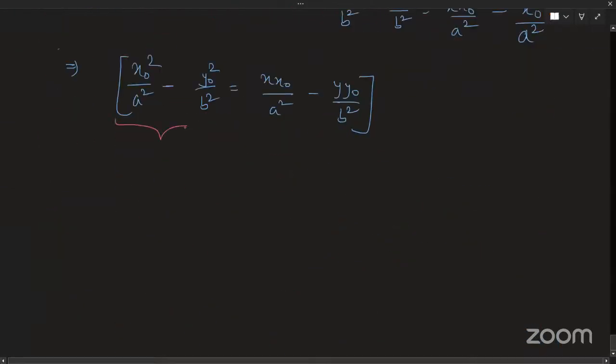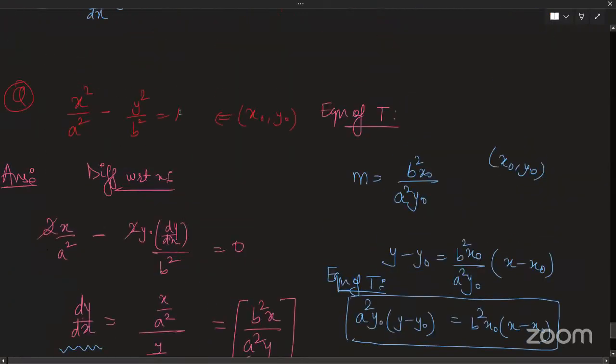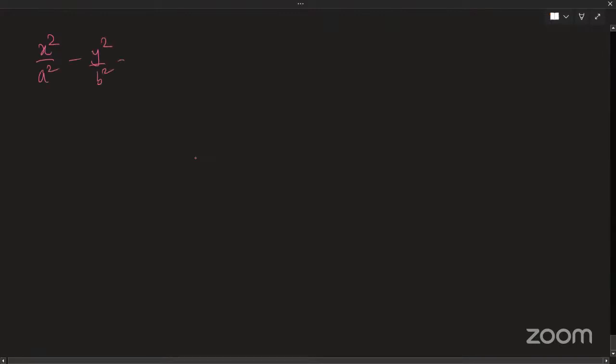So can you just tell me what will be the left hand side? What is the value of x naught square by a square minus y naught square by b square? It's really easy to guess. Just look at the equation. See, x square by a square, yes, great. This is the equation of the hyperbola, and x naught comma y naught is a point lying on this.